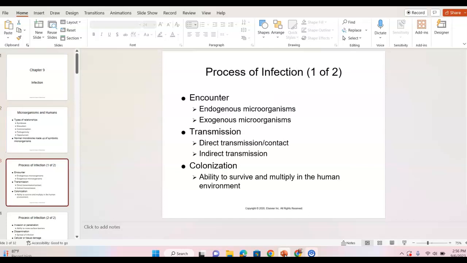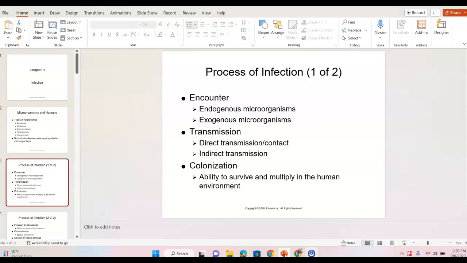So, process of infection. When it says endogenous versus exogenous, what that means is that those little buggers, if they're endogenous, they actually have something in their cell wall that can cause sort of a breakdown of our normal tissues and can cause damage and get into our cells and affect us.